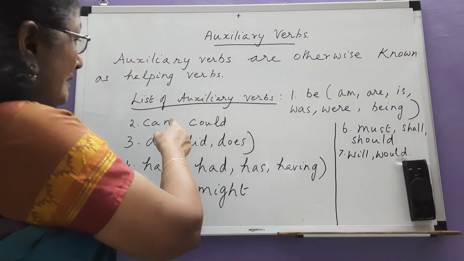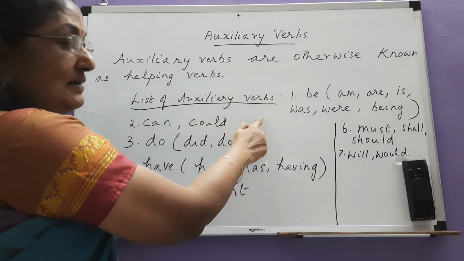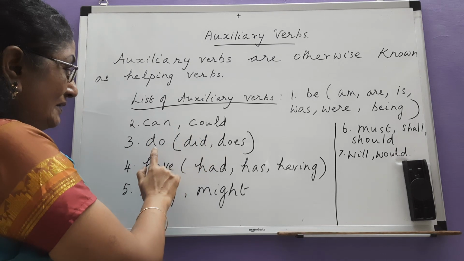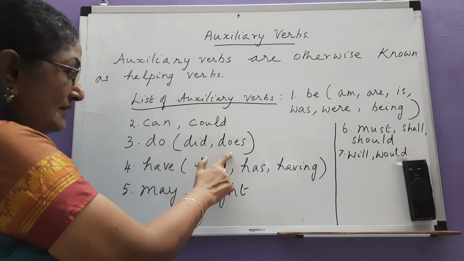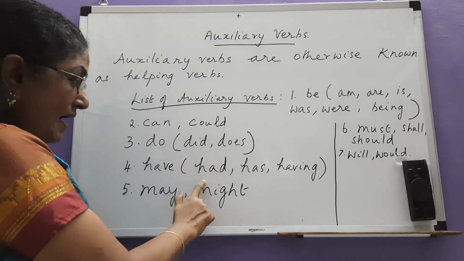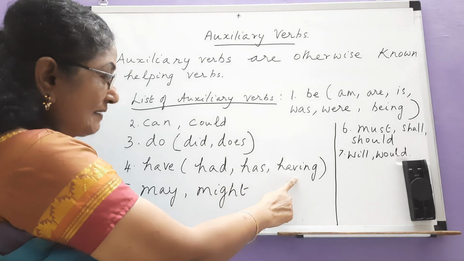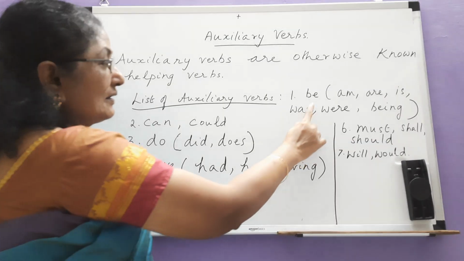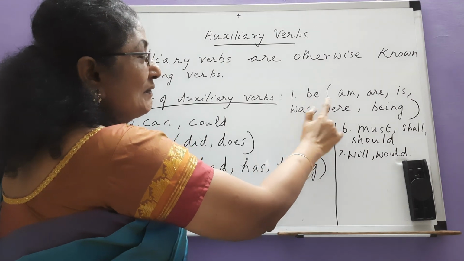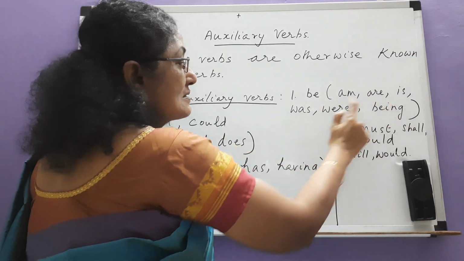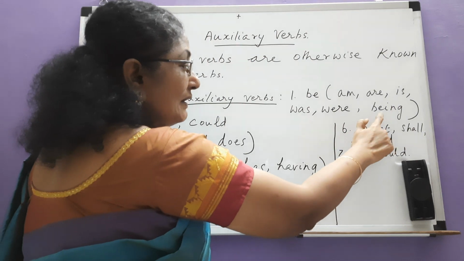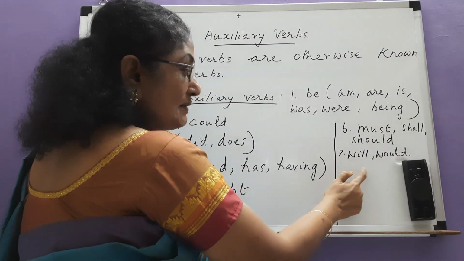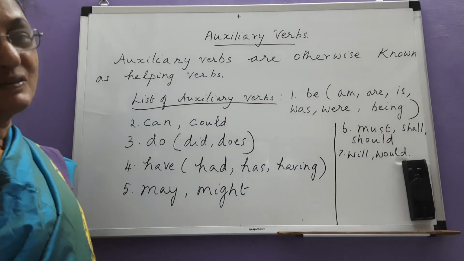Here, let us have an idea of the list of the auxiliary verbs. Can, could, do, did, does, then have, had, has, having, then may, might. Here, the be form: am, are, is, was, were, being, then must, shall, should, will, would.